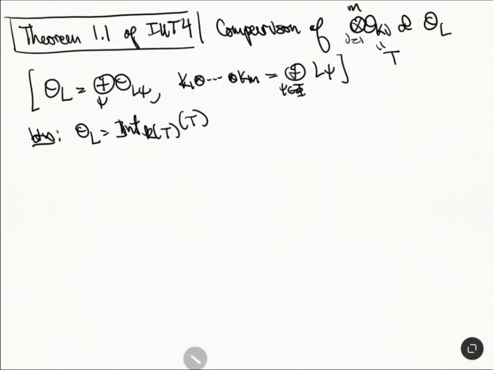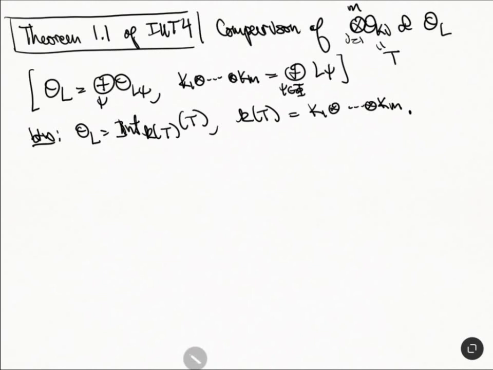Even though these aren't domains, you just localize at all the non-zero divisors. And then we also have that the field of fractions is the tensor product of these things. So if we were going to do this abstract field of fractions construction, we would get what we have here. So this O_L notation is okay. First of all, there's this ad hoc definition as a product, but it's actually the ring of integers.